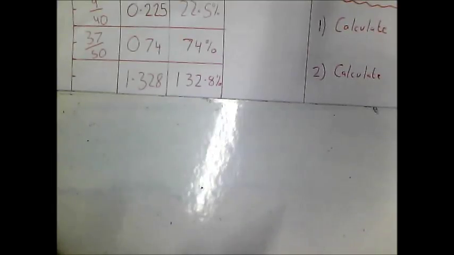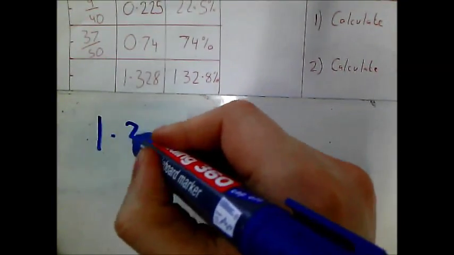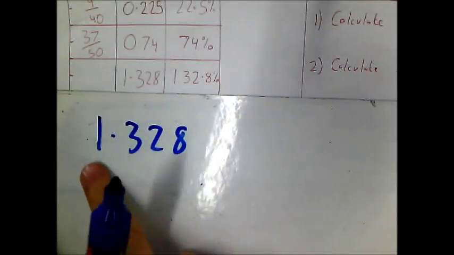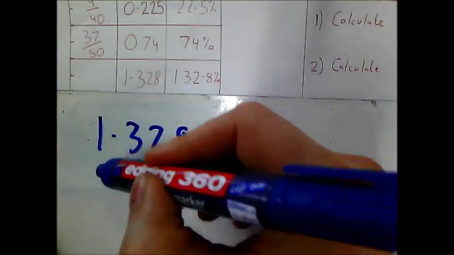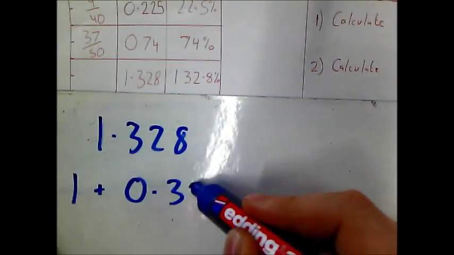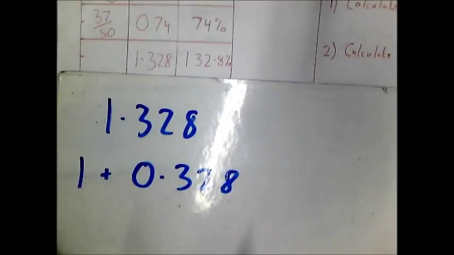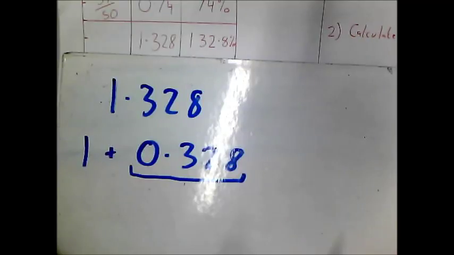Now here I'm going to take my 1.328. Because this is a number larger than 1, I'm going to turn this into 1 plus 0.328. Okay, and I'm just going to turn this bit into a fraction.